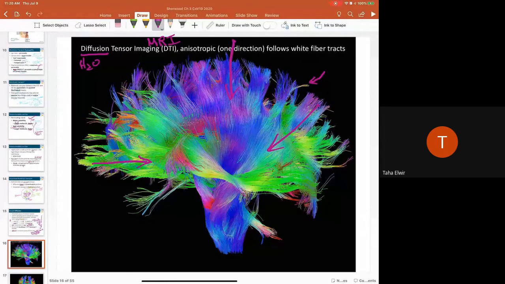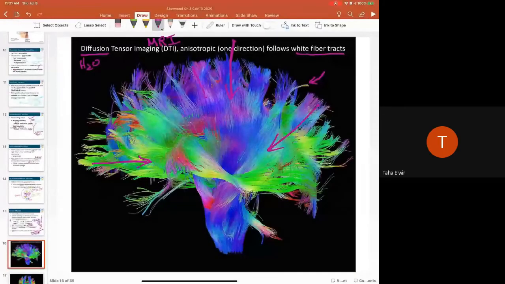The program has assigned colors to the particular orientation of the white fiber tracks. So horizontal is greenish yellow, and vertical is the blue purple.